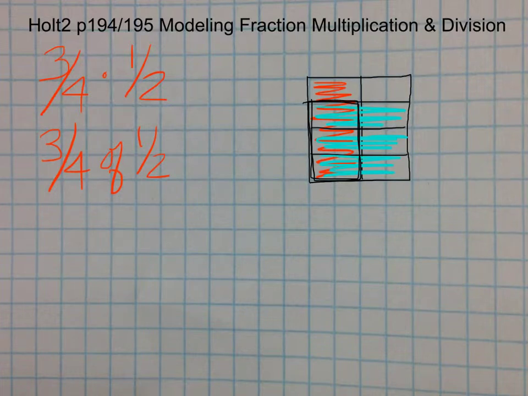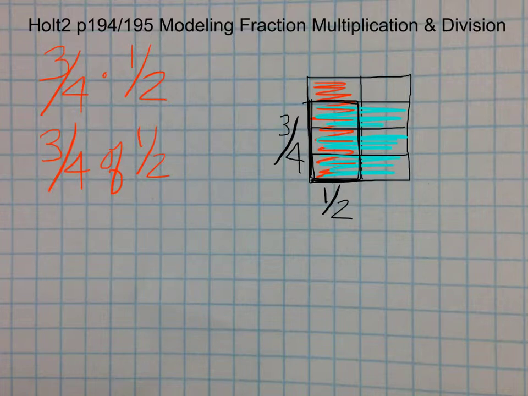Remember that multiplication is the operation that we use to find area, and this length here is 1/2. This length here would be our 3/4. So when we're finding 3/4 of 1/2, it's the same as finding this area here.